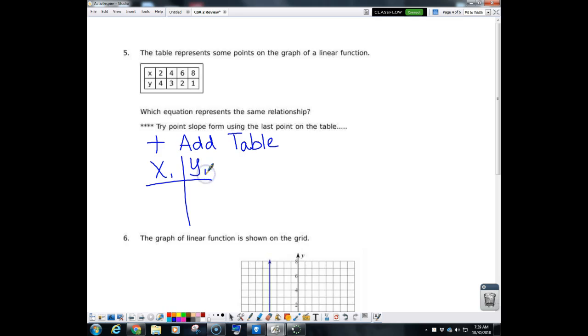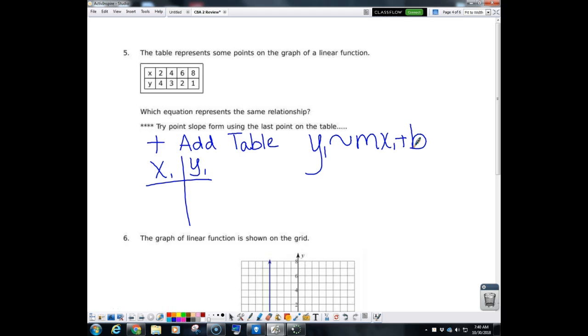And remember, whenever you get a table, you have to put all of the points, not just part of it. You have to always put the whole table, okay? Once you add your table, you're going to type y1 is approximately mx1 plus b. And then it's going to end up giving you m and b, right?